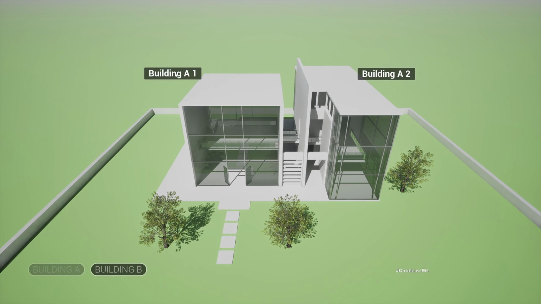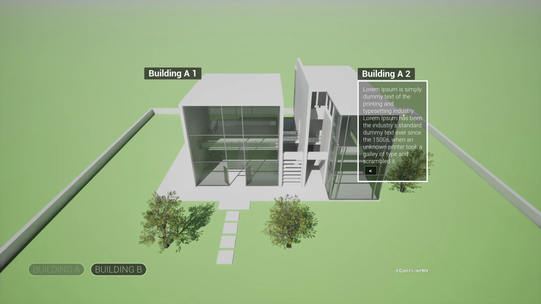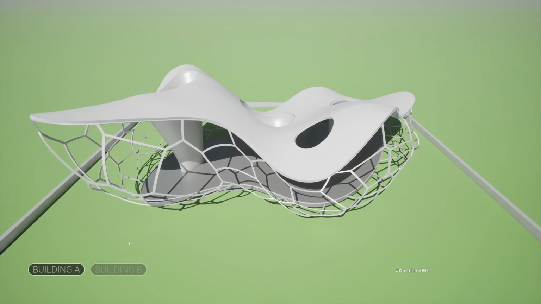So for example, if I press B in building A1, now it should highlight this part of the building, and when I focus on the other one, it should highlight that part of the building. And if I go to building B, and here we only have one part of the building, there are no multiple parts, so it should highlight this whole building. So that's what I want to do.